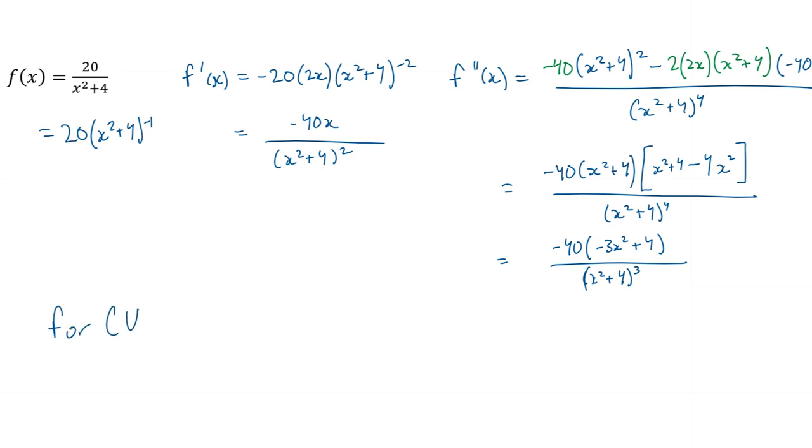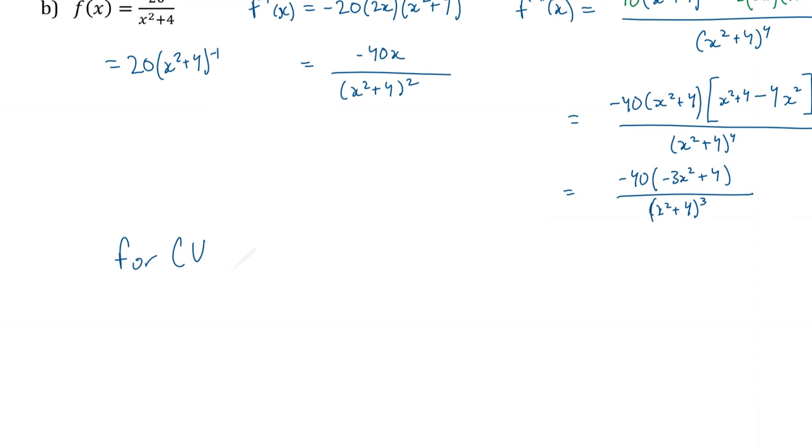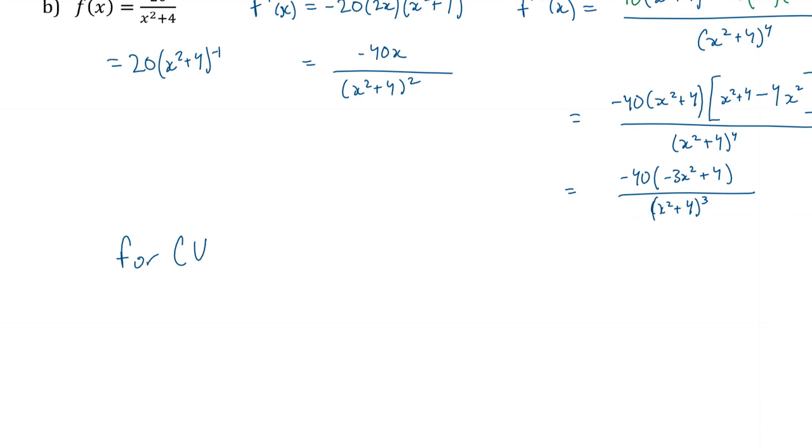So for critical values, that's what we've been doing all along. It's just the first derivative. I was going to say it's got an asymptote. It doesn't, does it? Why? If it was x squared minus 4, it'd be different, but... Can't be a negative on the bottom.